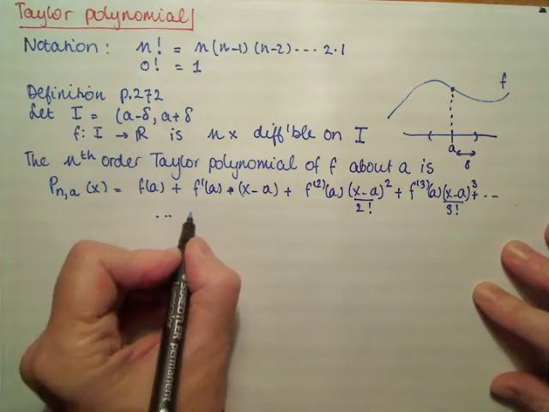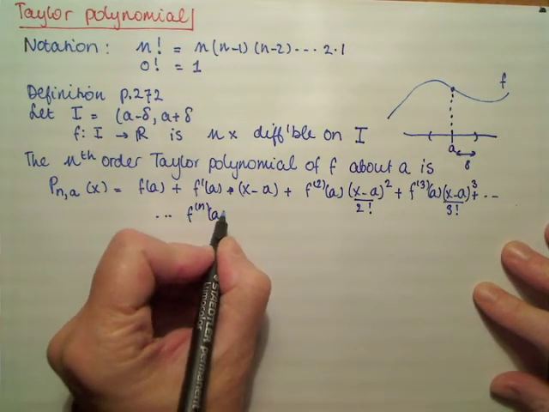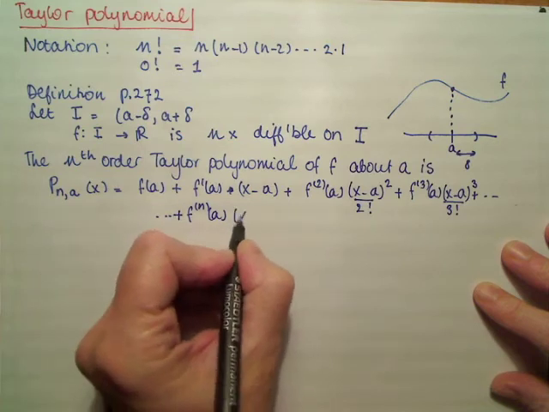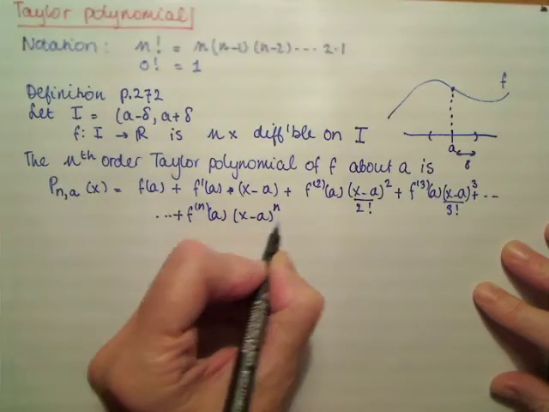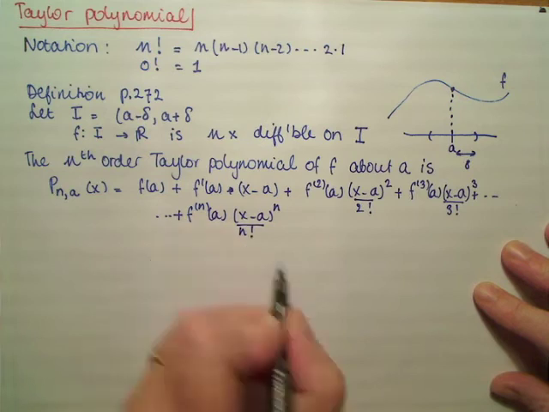And the last term is the nth derivative evaluated at the point a multiplied by the difference between x and a to the power n divided by n factorial.